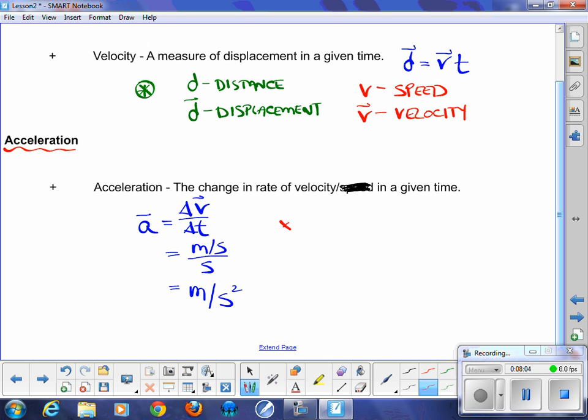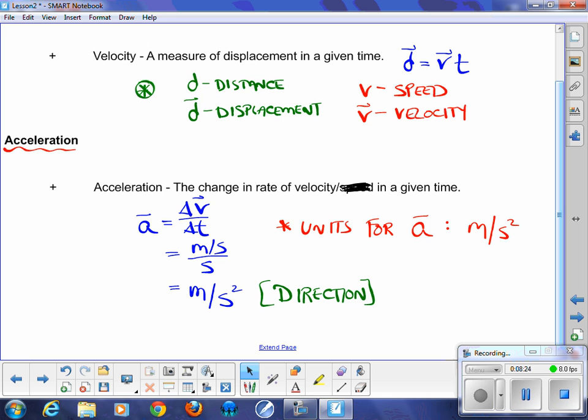So the units for acceleration are meters per second squared. Again, it is a vector, so you do need direction. It is important that you include a direction. Am I speeding forward or increasing my velocity forward? Am I decreasing it, and so on and so forth.